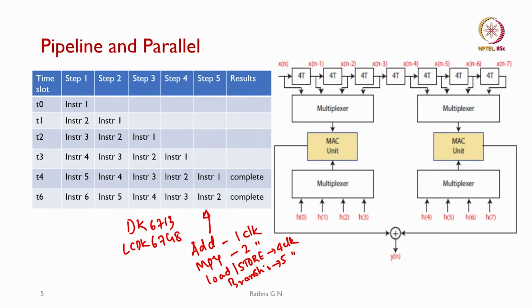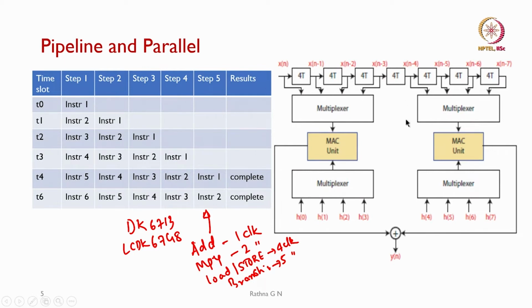Basically, you would have heard of RISC and CISC. For DSP processors, 80% of the time it is going to use a RISC architecture, and 20% for our circular buffering and for the FFT operation, where bit reversal has to happen, they use CISC architecture. And this is what we call pipelining.